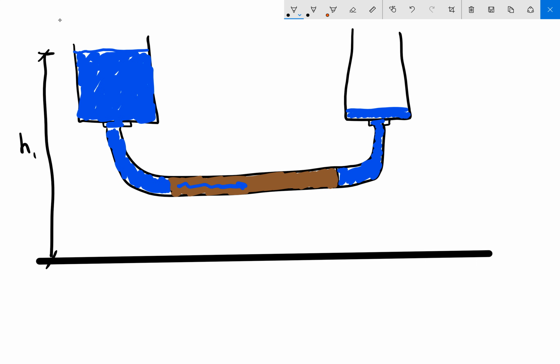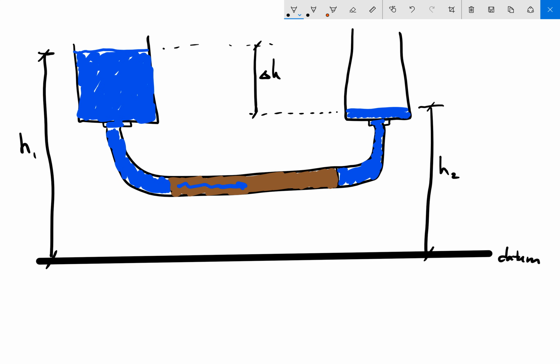And if I take the height of the water in the second tank down to the datum that I drew, that is head 2. And of course, the difference in those two heads is what we call our delta H, or that's our head loss.